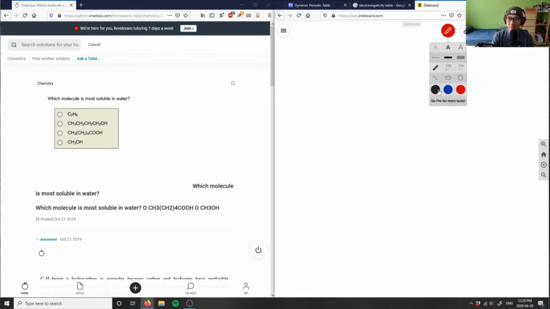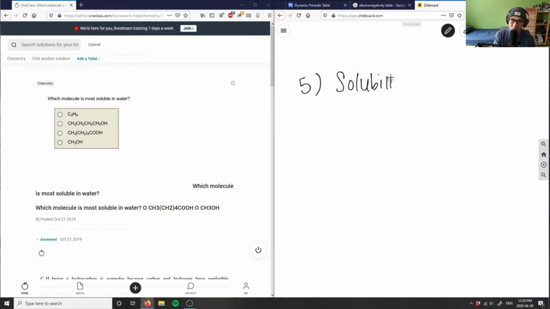Okay, number 5 says which molecule is most soluble in water. So we're talking about the solubility in water here.